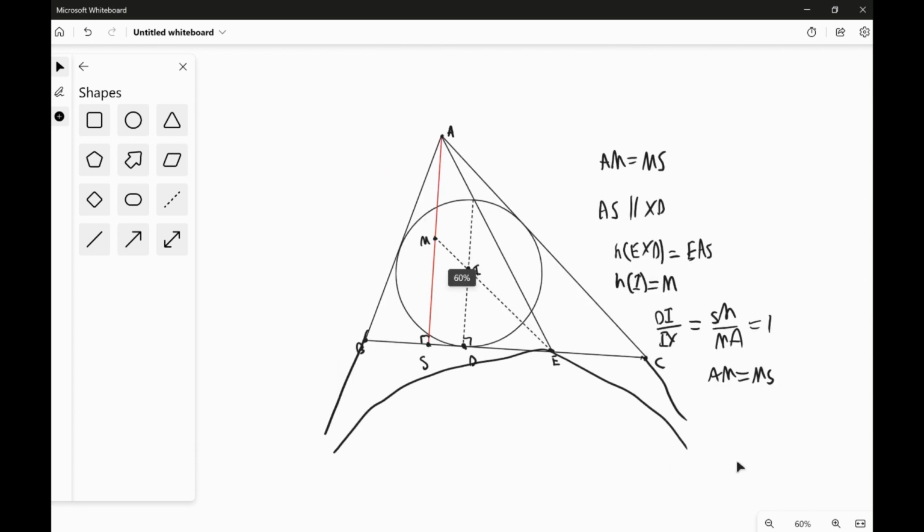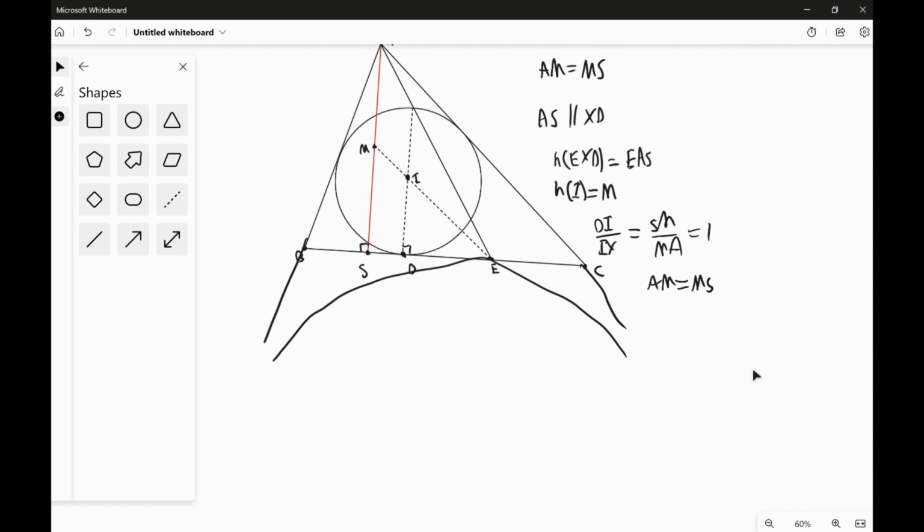And now it turns out that the center of this X circle here, I_A, and then D also meets at the midpoint of the altitude. I won't go ahead and prove this here, but it's a simple enough exercise that you can do.